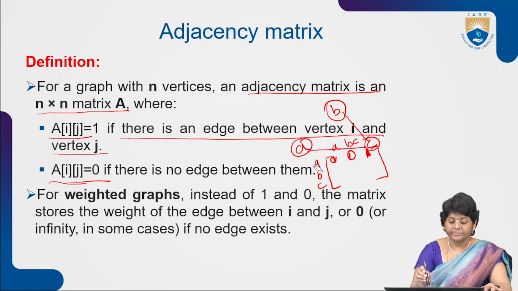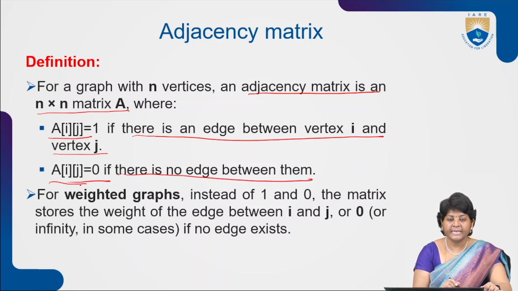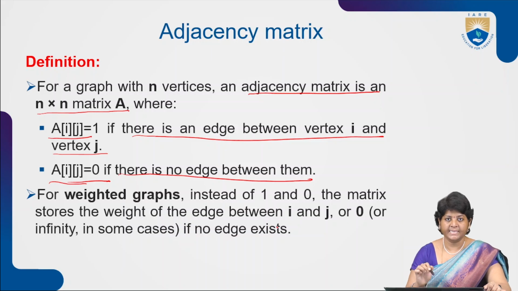So in the given definition, if there is an edge between vertex i and vertex j, then we will mark it as 1. If there is no edge between them, then it is marked as 0. For weighted graphs, instead of 1 and 0, the matrix stores the weight of the edge between i and j, or 0 or infinity in some cases, if no edge exists.